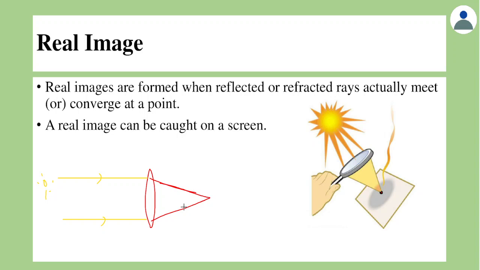The point where they converge, you get a spot. This spot is nothing but the image. These images can be caught on a screen. A screen doesn't mean a material like cloth. A screen means some kind of medium where we can get an image. The screen could be a paper, a wall, or anything else. That's what screen means here.